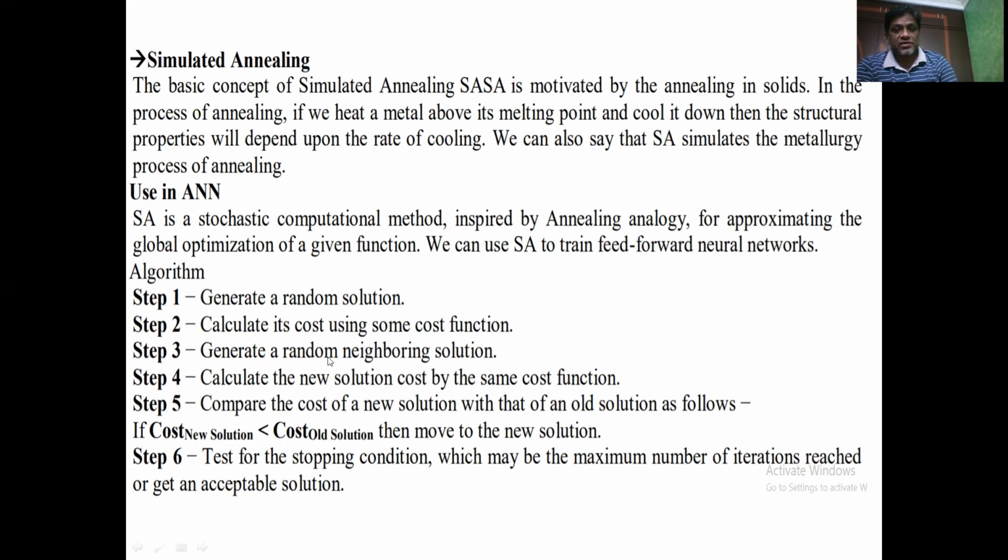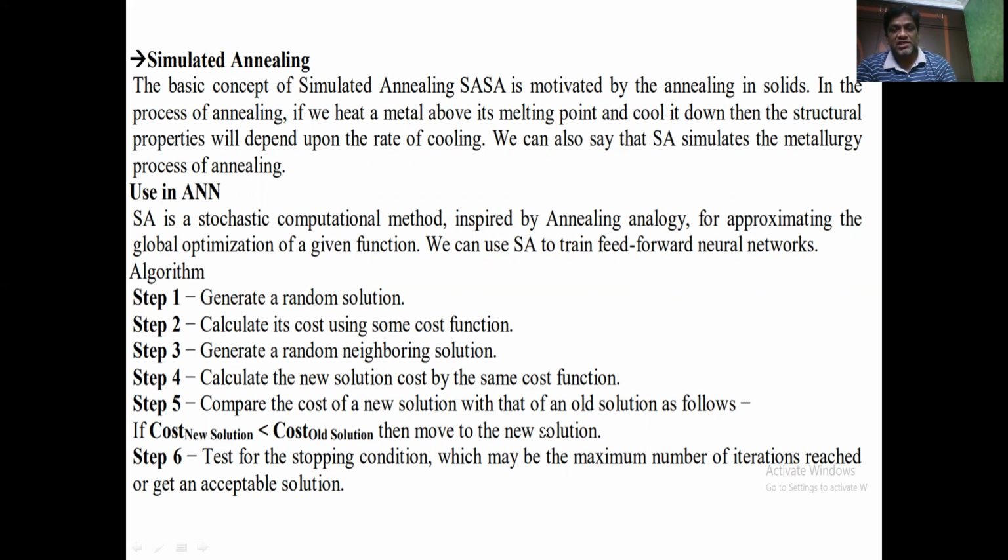And then try to generate a random neighboring solution, another possible solution, and calculate the cost of the new solution with the same cost function which was used for calculating the cost of the random solution. Then compare the cost of this new solution with that of the old solution. If the cost of the new solution is less than the cost of the old solution, then move to the new solution.